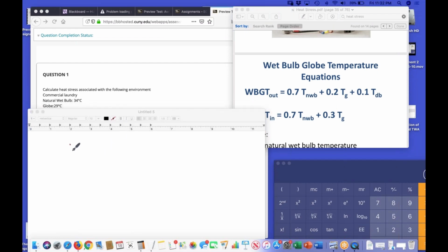Okay, so WBGTN is going to be equal to 0.7 times our natural wet bulb temperature, 34, plus 0.3 times 29 degrees centigrade. Okay, let's get our calculator up and do this calculation.